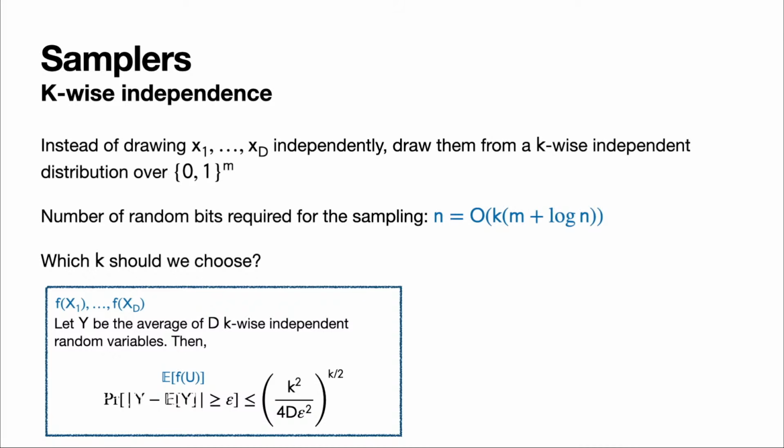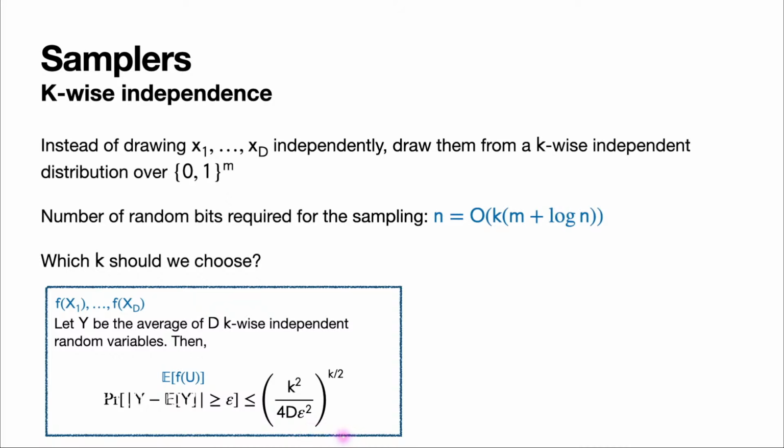And this is where tail bounds come into play. We can do a k-th moment argument to give a tail bound for k-wise independent distributions. One can show a concentration of measure phenomenon for k-wise independent distributions that behaves like this.